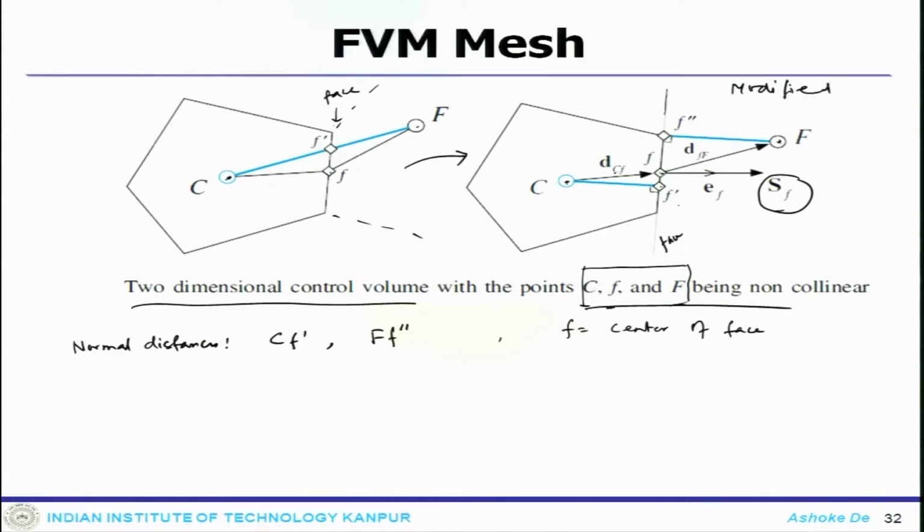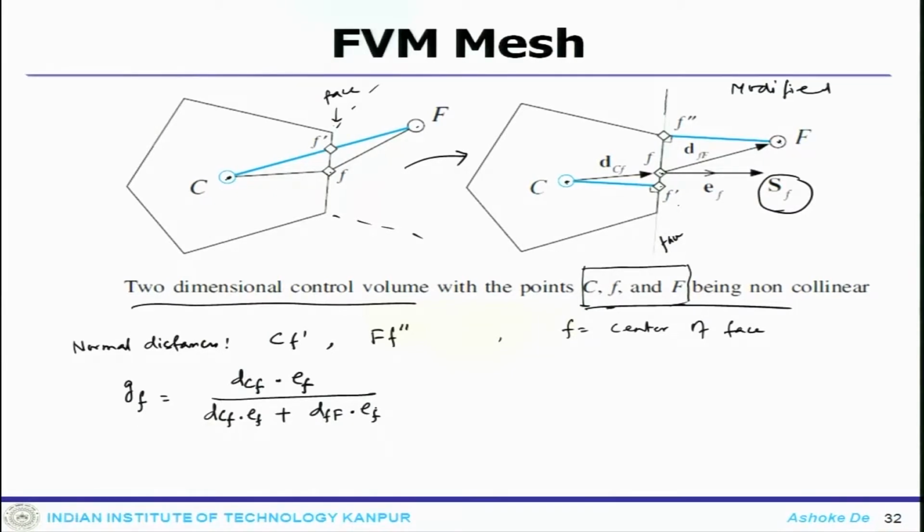You have a distance vector DFf, and from C to small f, DCf. Once you calculate that, you can estimate the weight factor like this: GF equals DCf dot Ef divided by DCf dot Ef plus DFf dot Ef.